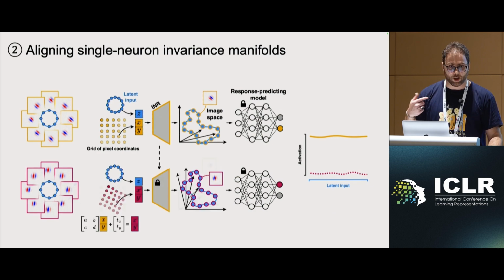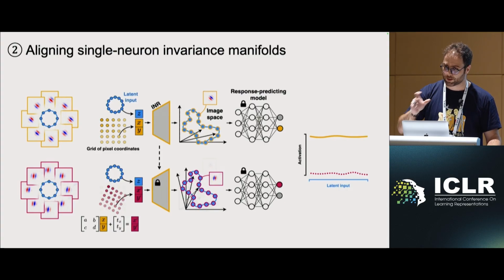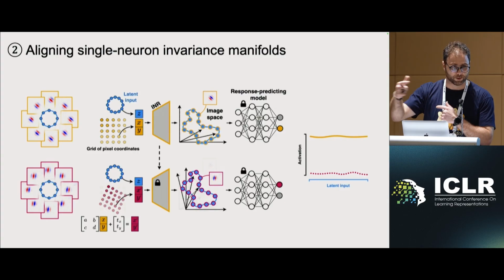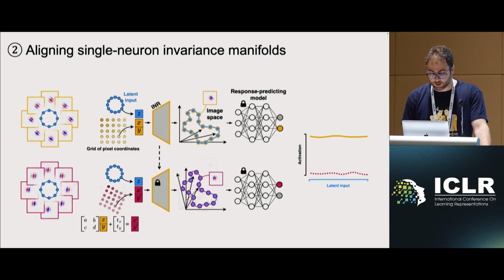But since we are using INRs, which are continuous functions of the pixel coordinates, we can apply a transformation on the pixel coordinates to spatially transform the learned invariance manifold while preserving the invariance transformation itself. And so in this case, the parameters that are being optimized are the parameters of this transformation, and we used an affine transformation here.